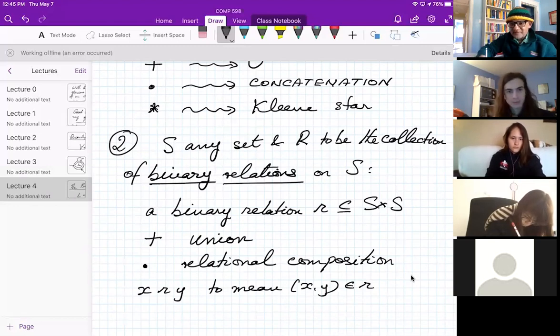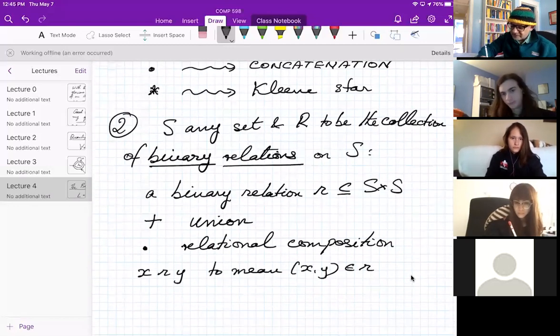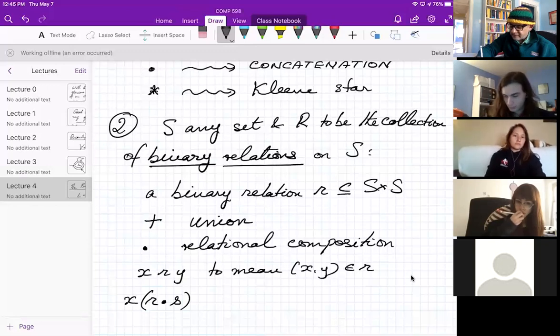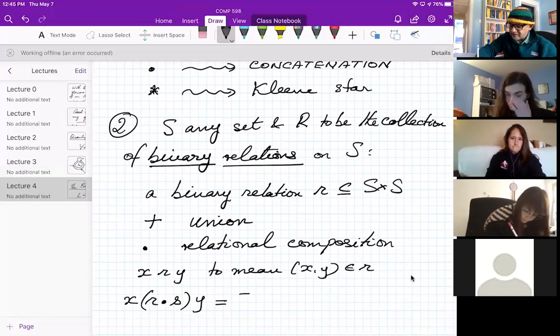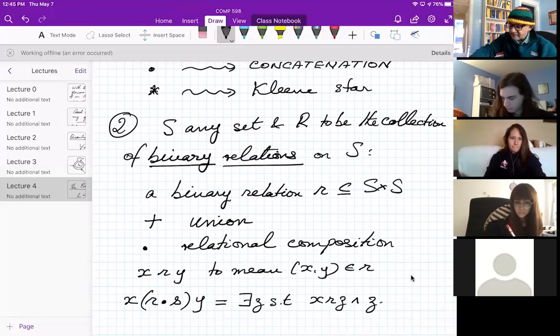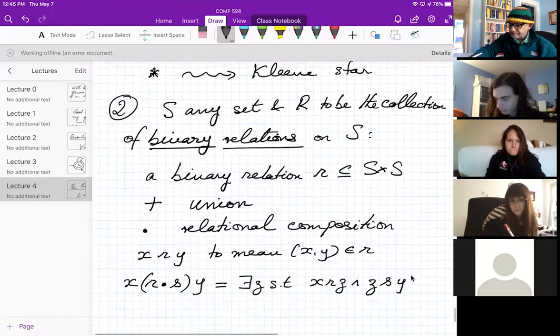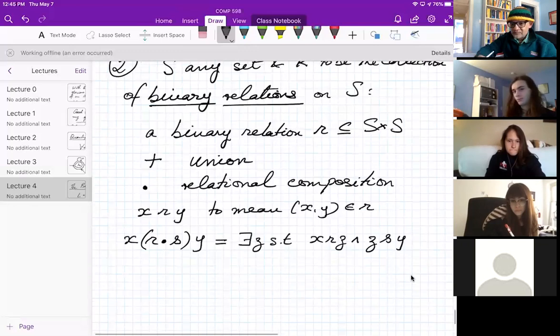So we tend to write it like this and read it as X is related to Y. So relational composition says, I have a new relation, let's say R dot S, and we'll say that X is related to Y by R dot S is the same as saying there exists a Z such that X is related to Z by R and Z is related to Y by S. So this is relational composition.